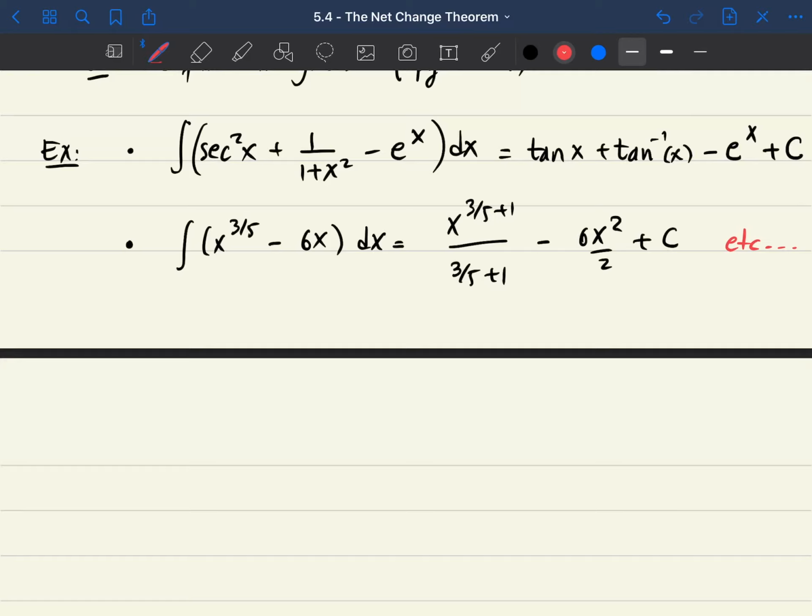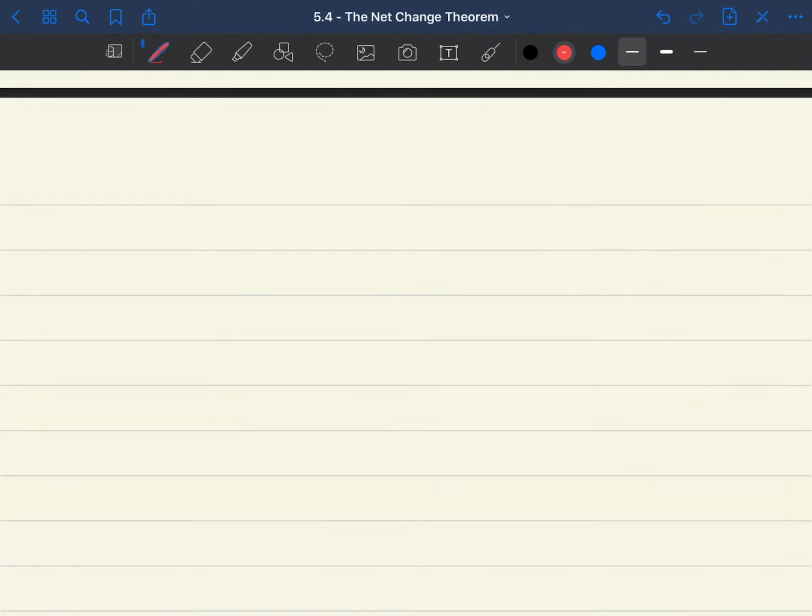All right, so now let me state the net change theorem. So the net change theorem says the following. All right, so let me first state this.